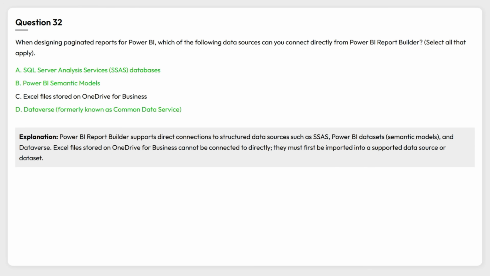Power BI Report Builder supports direct connections to structured data sources such as SSAS, Power BI datasets, semantic models, and Dataverse. Excel files stored on OneDrive for Business cannot be connected to directly. They must first be imported into a supported data source or dataset.